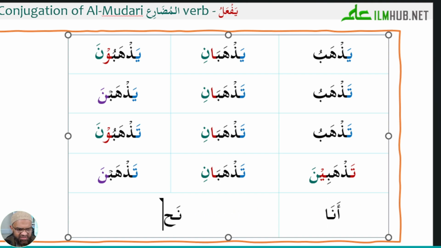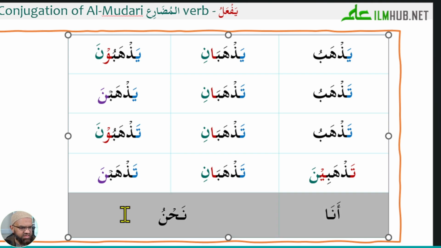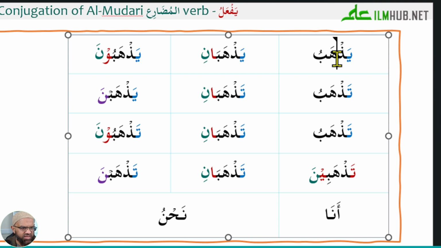And then we have, of course, the last two, most important, as it is the first person for us, nahnu. So I and we. Very, very easy. It is exactly the same as what we've learned, except that we simply change the ya to a ta hamza with a fatha on it. Adhhabu, adhhabu. Please note, don't call this one alif. It is not alif, it's sitting on an alif. It's very important, inshallah ta'ala.